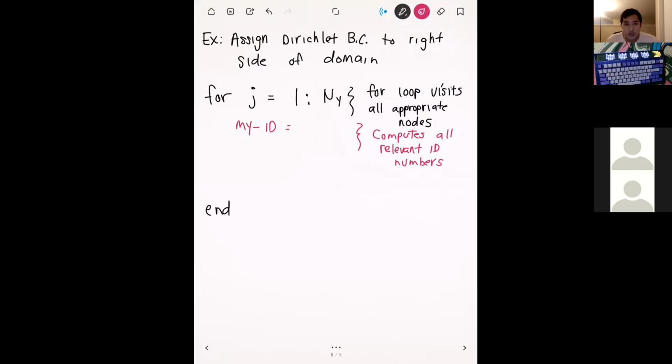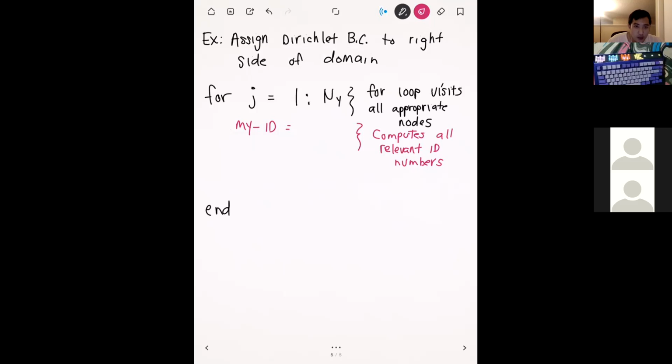In this case, since we just have a Dirichlet boundary condition, we're only going to compute one ID number, but you'll see once we do Neumann boundary conditions and when we do the interior nodes, we're going to compute more than one ID. But in this particular case, we're just going to compute one ID number.